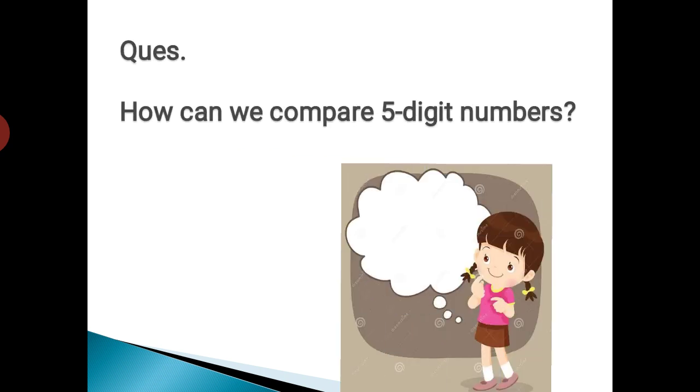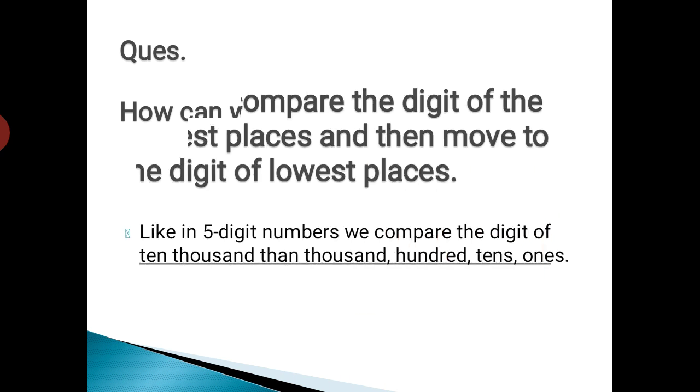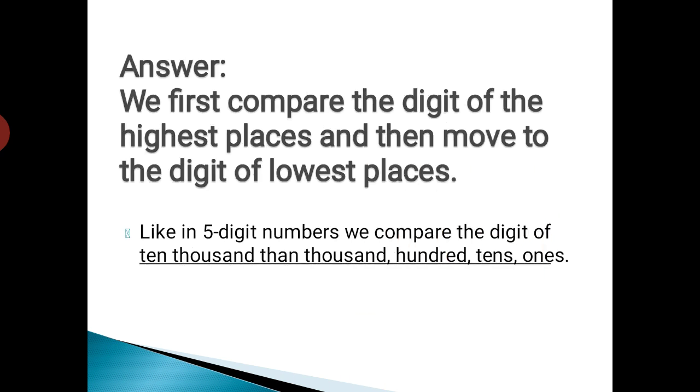So children, now tell me, how can we compare 5-digit numbers? Any 5-digit numbers, how can we compare? Just now we have discussed. Yes, we first compare the digits of the highest places, and then we move to the digits of the lowest places.